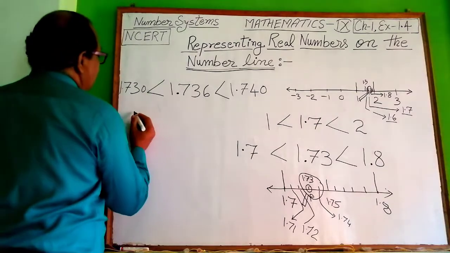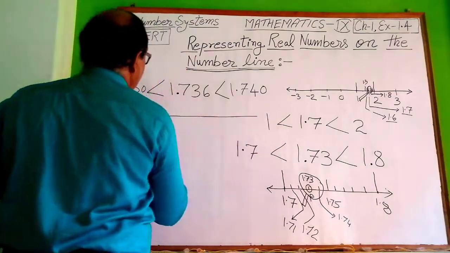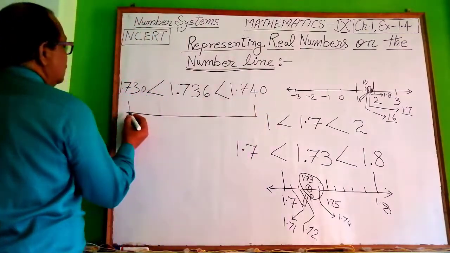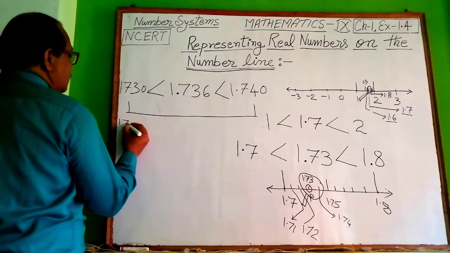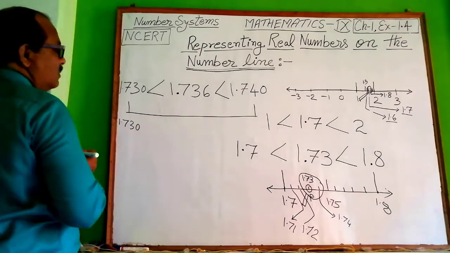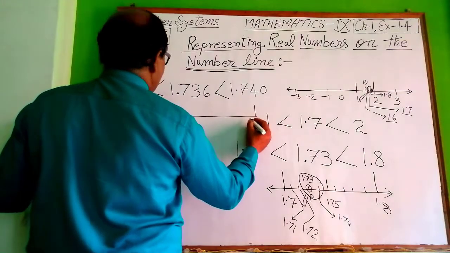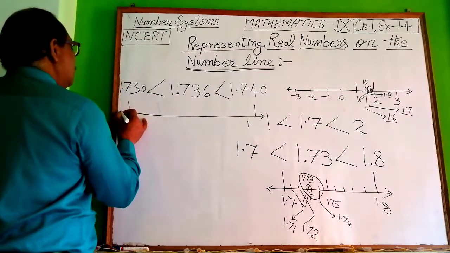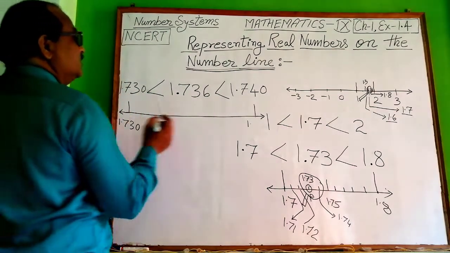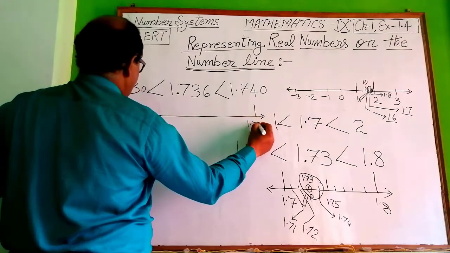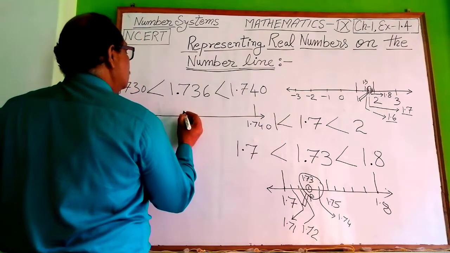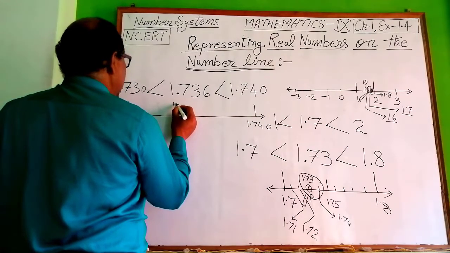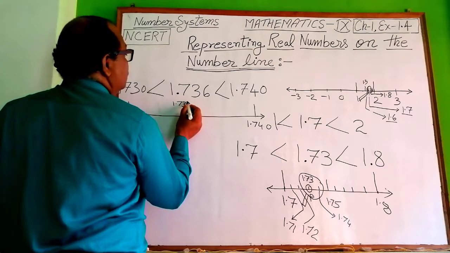Suppose we want to represent up to this place. You can see last 2 points. This one will be 1.730 and last one is 1.740. Do not forget to use arrow sign because it is a line. So in the middle, this point will be 1.735.